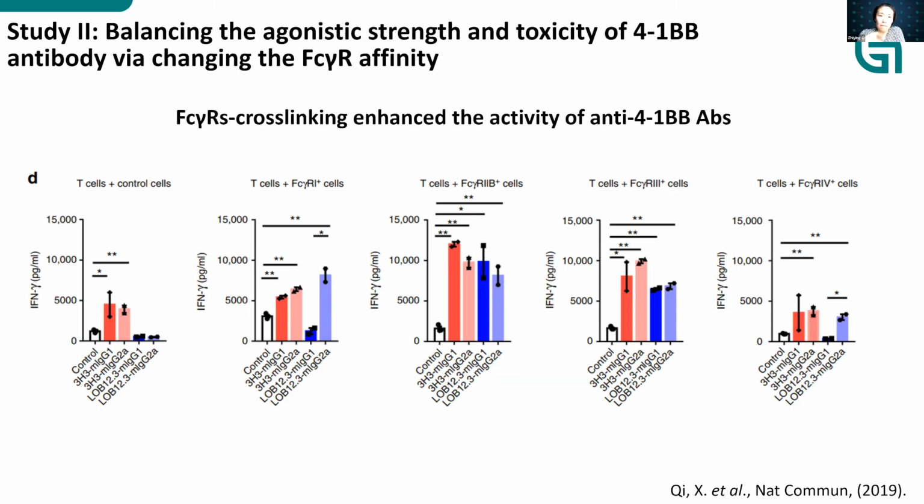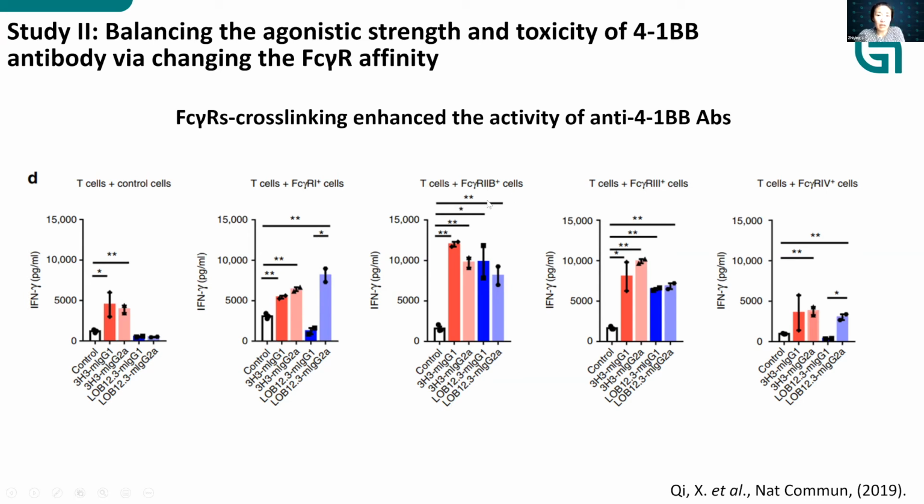So as you can tell, when they are supplying different FcgR subtypes in the co-culture, pretty much whatever the subtype they provide, that can enable the T cell to express interferon gamma.